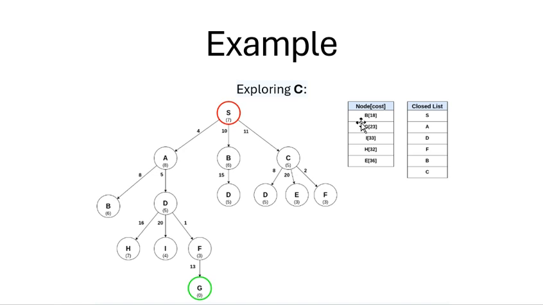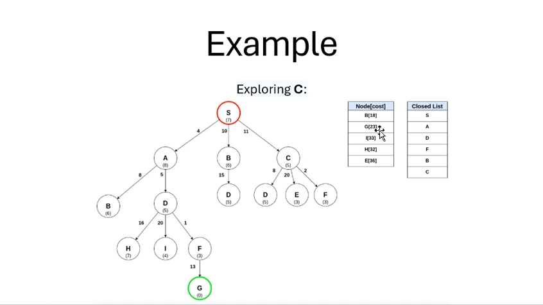Next in our list is B again, which we have already explored according to the closed list. So we will just remove this top node. And next is G, as you can see, which has a cost of 23, and it is also our destination point. So this is where our algorithm stops.